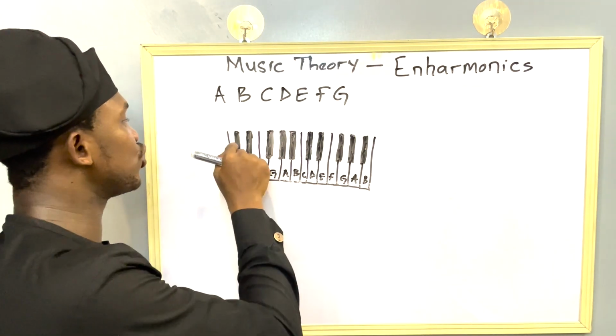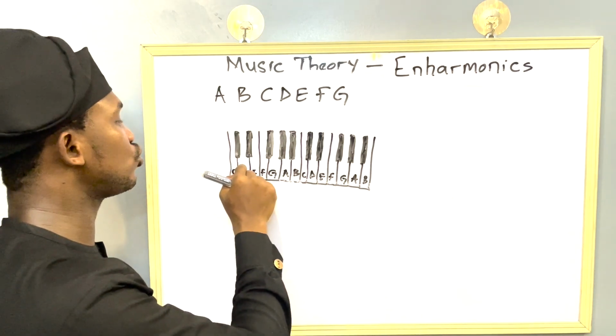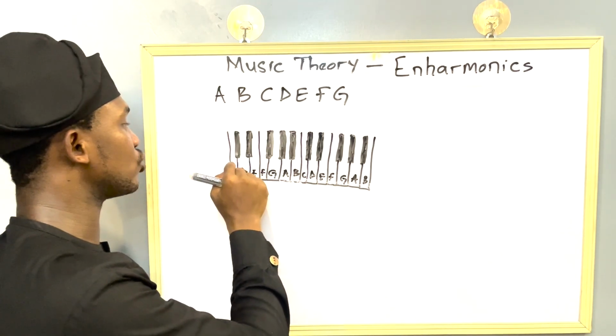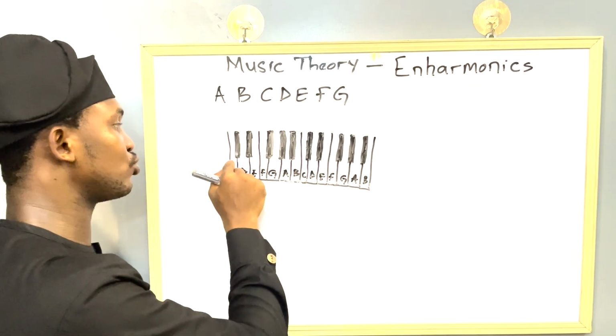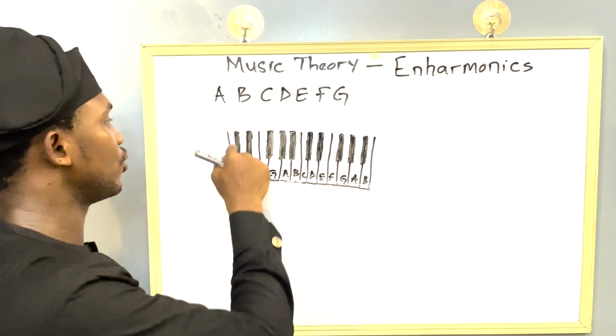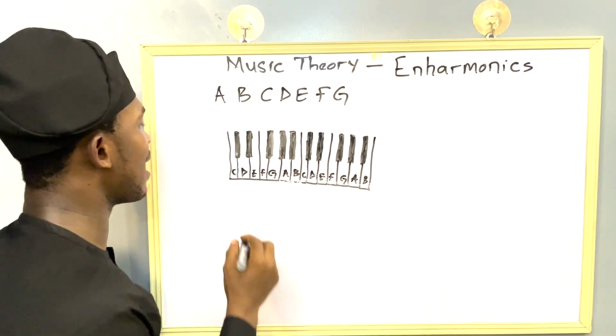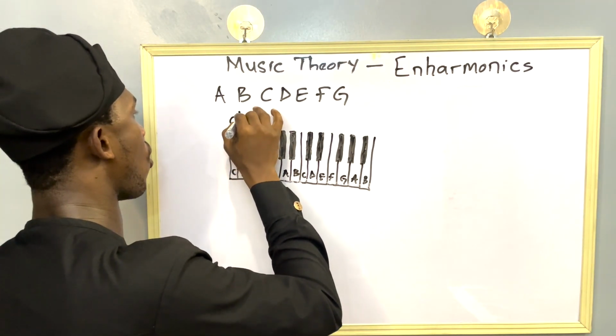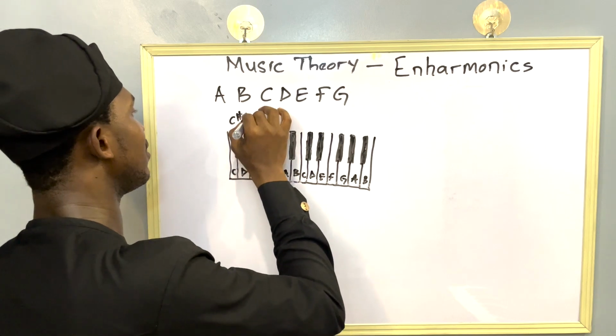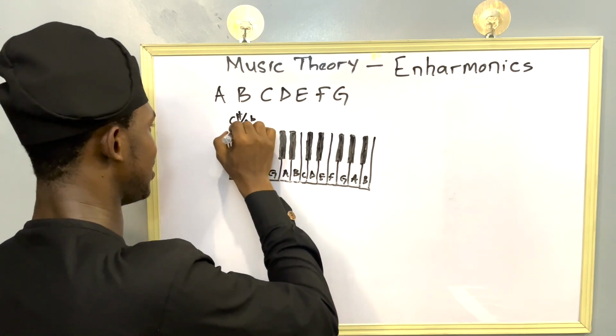We can name this note in relation to either this white note or this white note, either C or D. So this note can either be called C sharp or D flat.